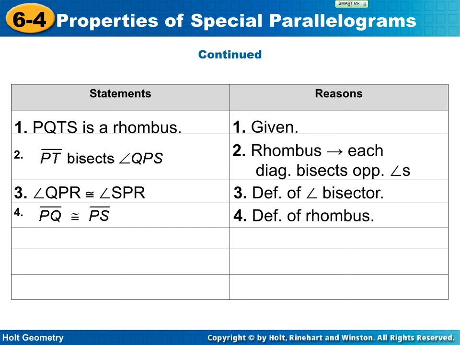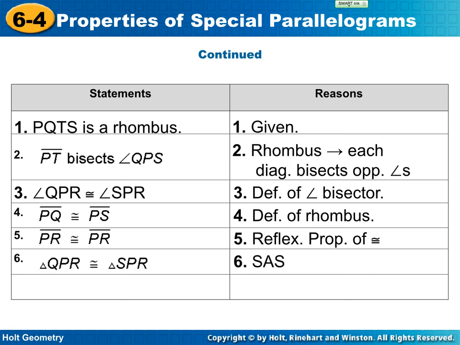Definition of a rhombus, all sides are congruent. So I got some triangles congruent by side, angle side, and then CPCTC supported the segments that I wanted. So look to see which triangles I got congruent. QPR and SPR. Maybe those weren't the ones you were thinking to get congruent.